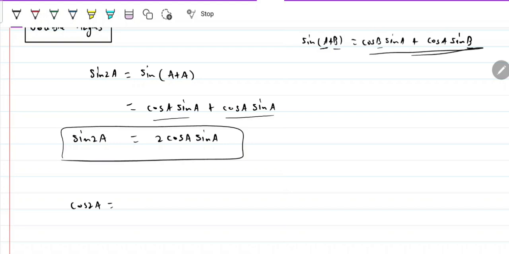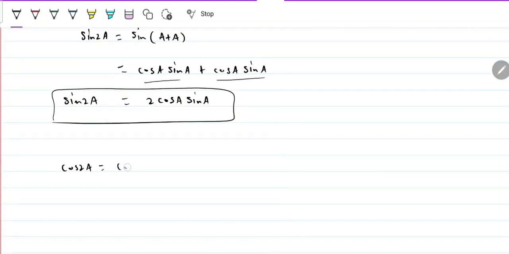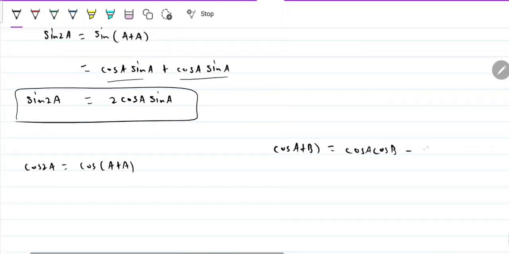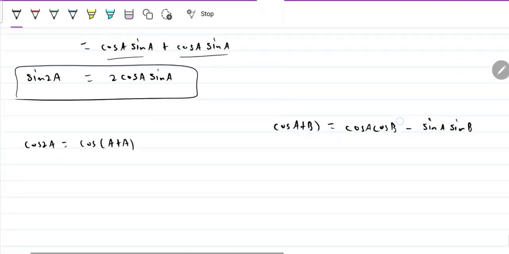Now, we know that cos 2A is the same as the cos of A plus A. And we know that the cos of A plus B we had was the cos of A times the cos of B minus the sine of A times the sine of B, right?